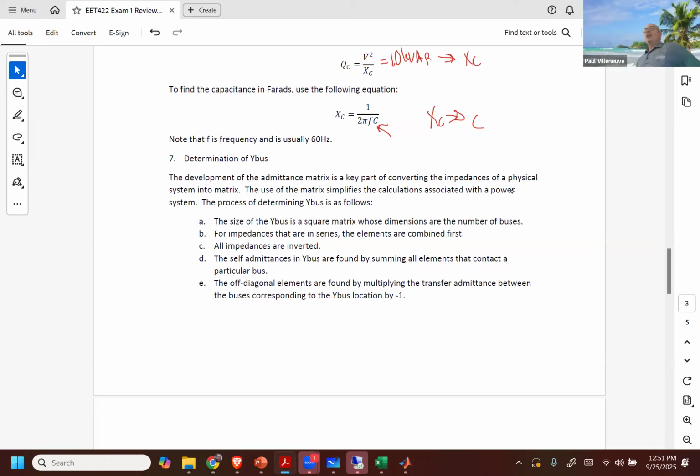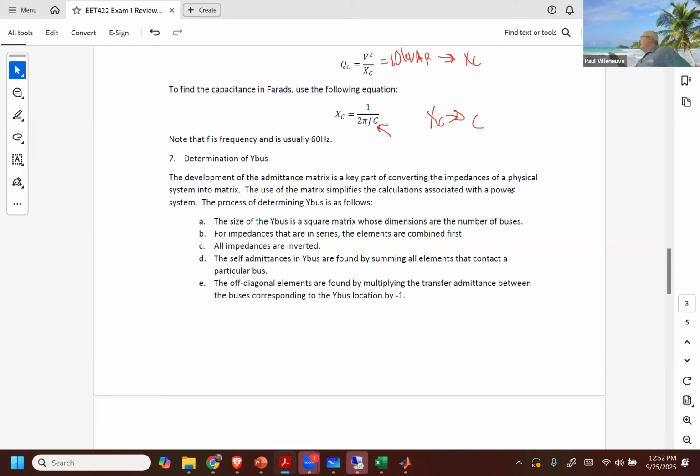Now we're ready to build our Y bus. The diagonals are called the self-admittances. So to solve for all your diagonals, you're just going to sum every admittance that touches that bus, including admittances that go to reference or ground. Every single admittance that touches that bus gets added into the self-admittance.